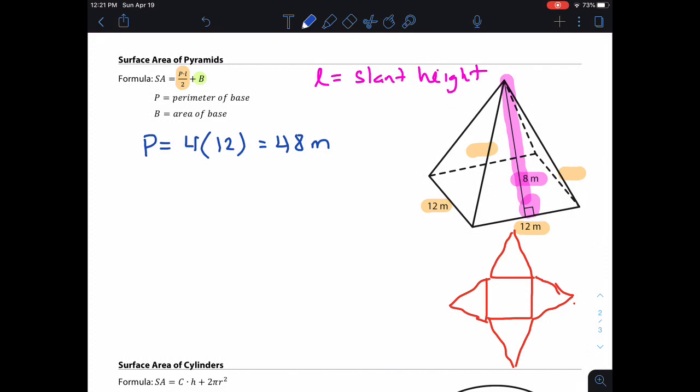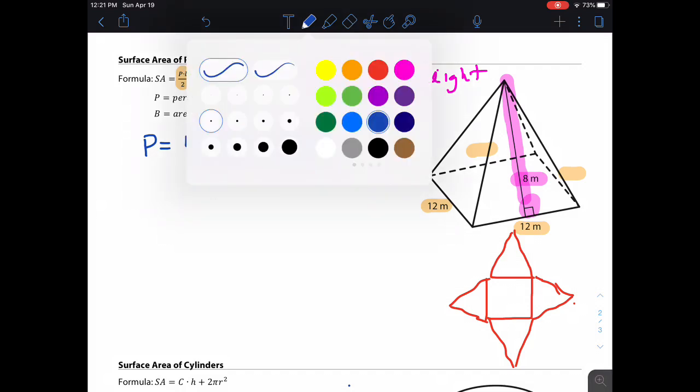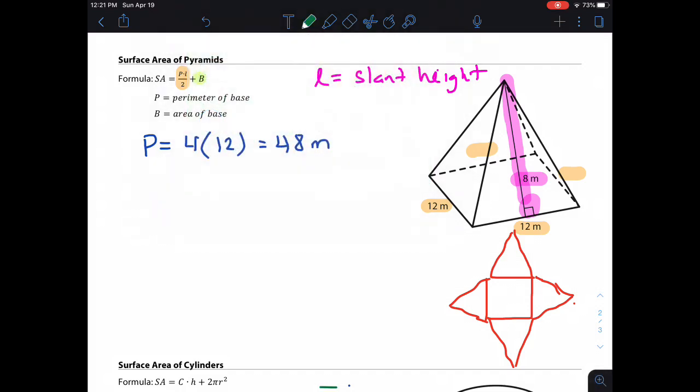So then we want to find the area of the base. So let's make it green. So the area of the base is a square. So for a square, we just multiply the side length by itself, right? So we just take 12 and we square it. 12 squared for a square. That's why it's called a square.